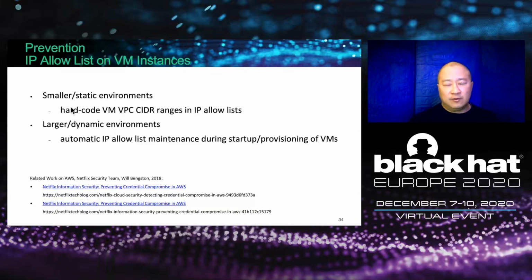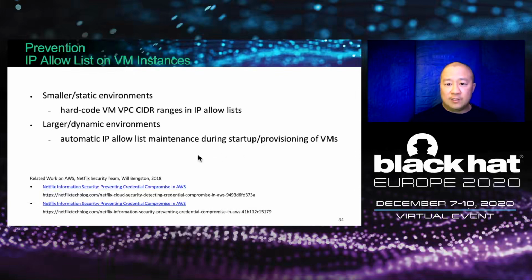If you have a small environment with a small number of VMs that have static IPs, you can probably hard code the IPs and maintain your IP lists. It's more problematic if you have a larger number of VMs in a more dynamic environment with a lot of dynamic IPs. In that case, you may have to figure out how to automatically maintain the IP allow lists by hooking into the startup or provisioning process of VMs.